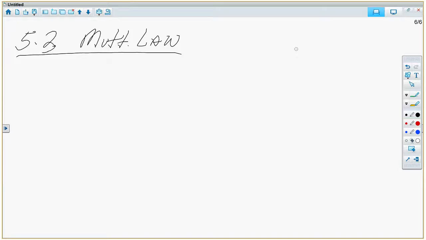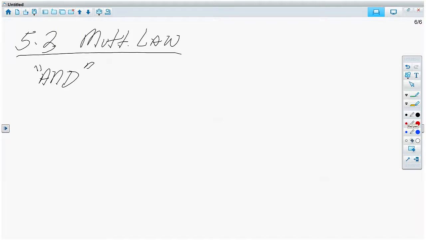You're right. I've got used to it being in chapter 5 for one thing. It used to be 4.3. But anyway, 5.3 is multiplicative law, and this focuses around the word and. What is the probability of A and D.